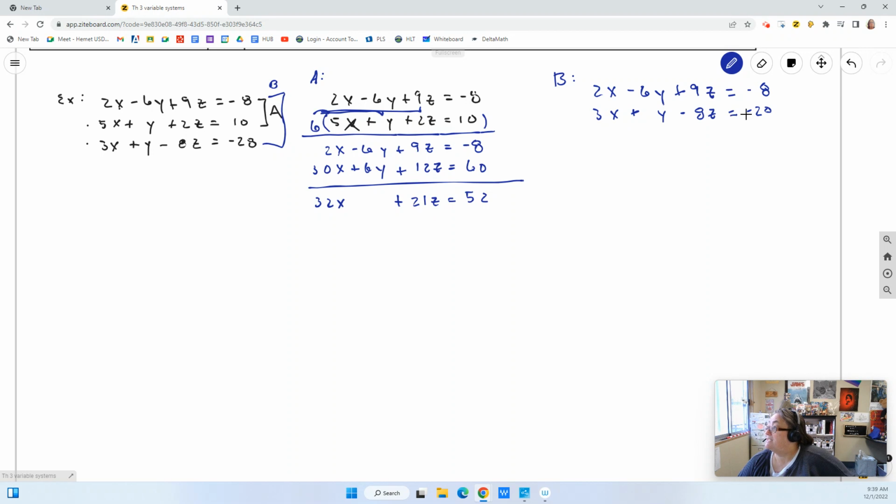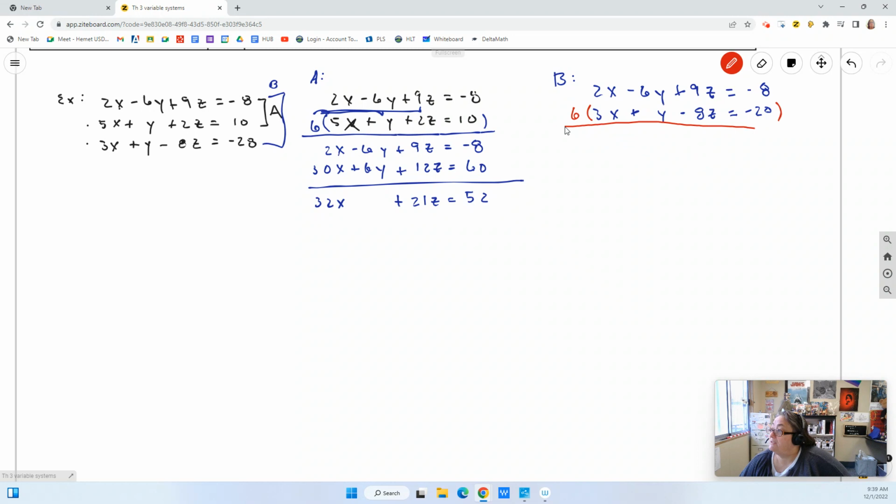And I'm going to do the same thing that I did in that last problem. I'm going to eliminate that y variable. So I'm going to go ahead and multiply this entire thing times 6.